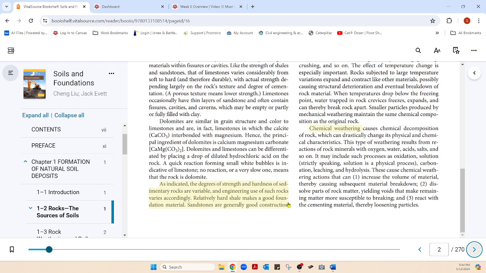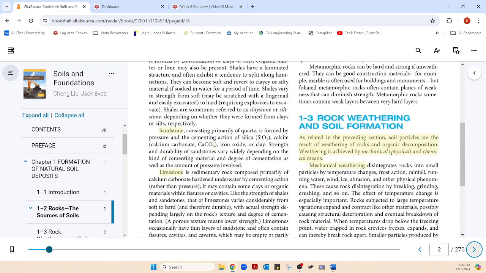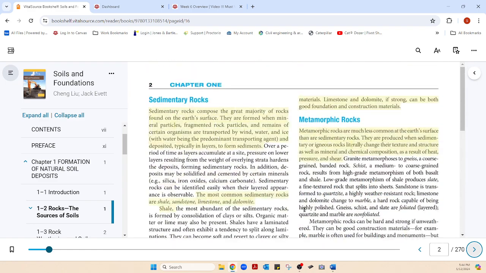Relatively hard shale makes a good foundation material. Sandstones are good construction materials. Limestone, dolomite, if strong, can be both good foundation and construction material.